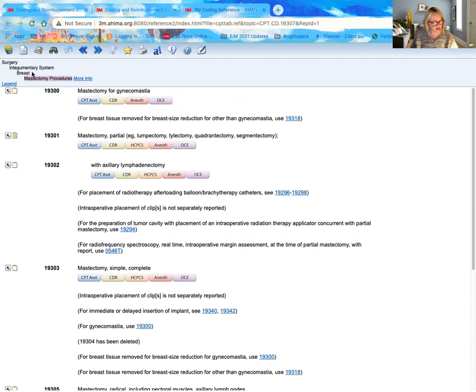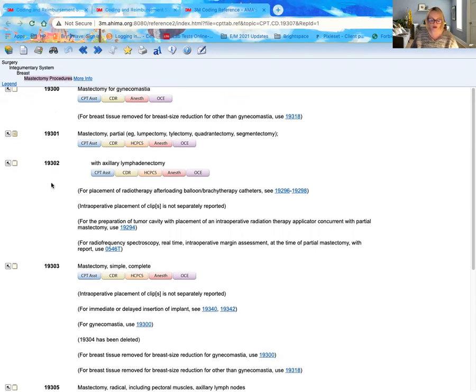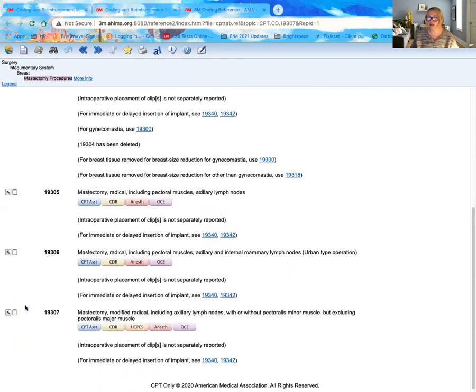Mastectomy procedures do have their own category, from codes 19300 through 19307, found on page 122 in our CPT codebook for the 2021 edition.